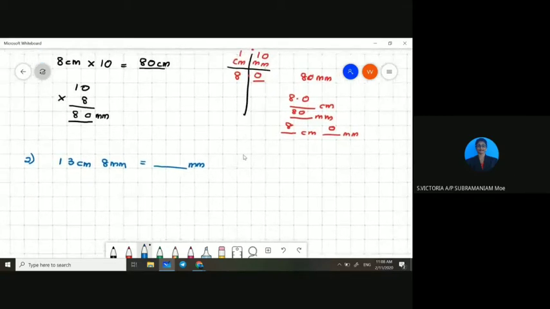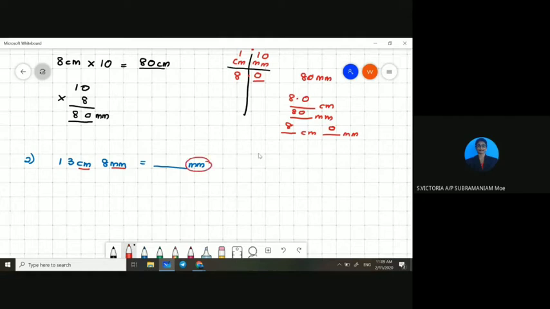First, you have to see the units involved in this question. We are going to convert all of 13 centimeter and 8 millimeter to millimeter. There are 13 centimeter, so the unit involved here is centimeter. This 8 is in millimeter, so we need the answer also in millimeter.